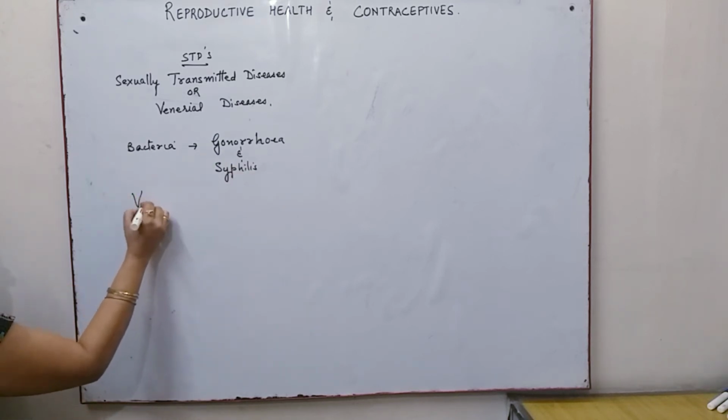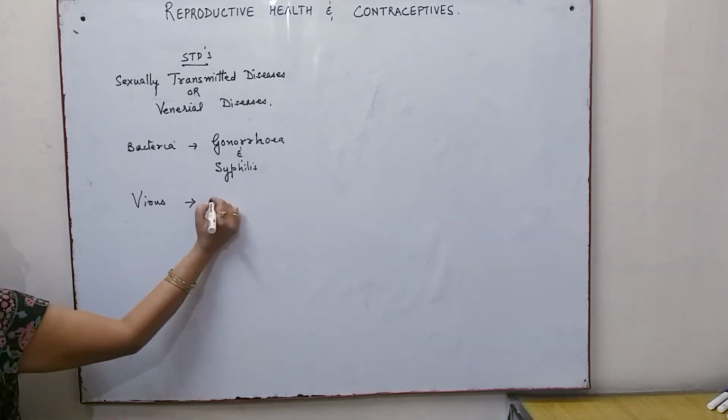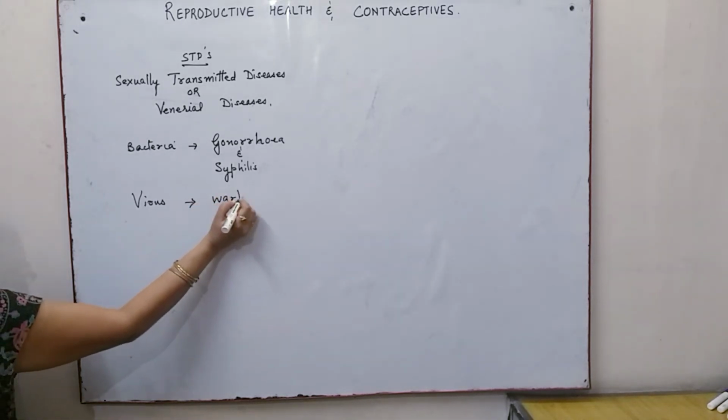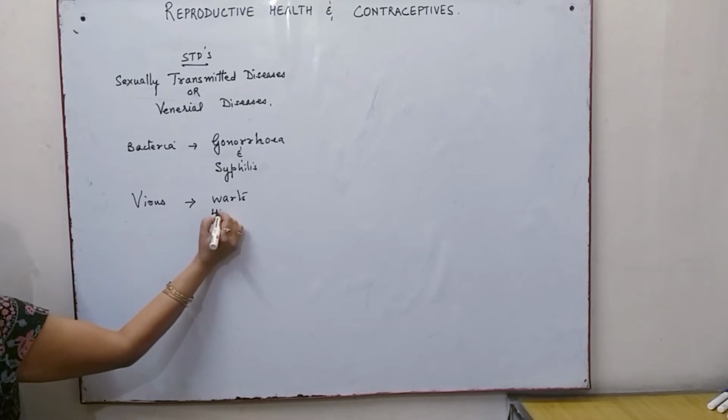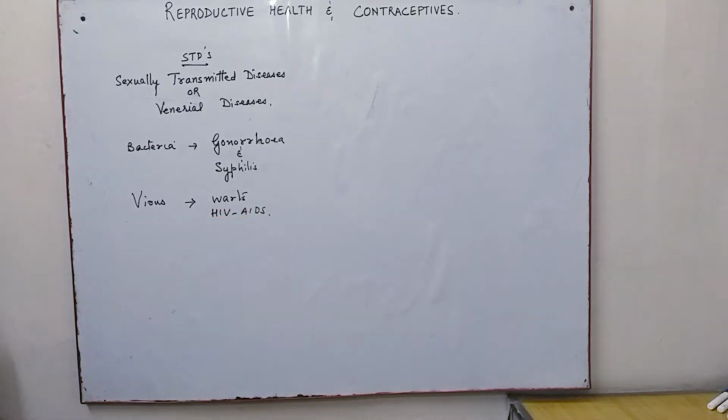Then we have certain diseases which are passed over during the sexual act, and these are caused by viruses. The two examples are warts and HIV/AIDS. HIV/AIDS is still a dreaded disease which cannot be prevented properly. So methods should be adopted so as to avoid these kinds of diseases.